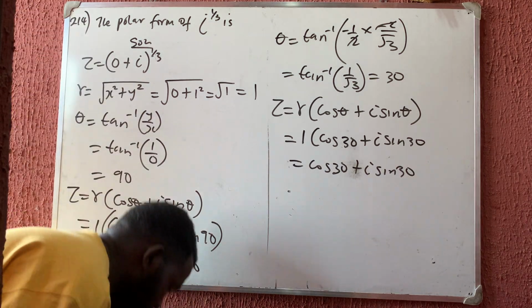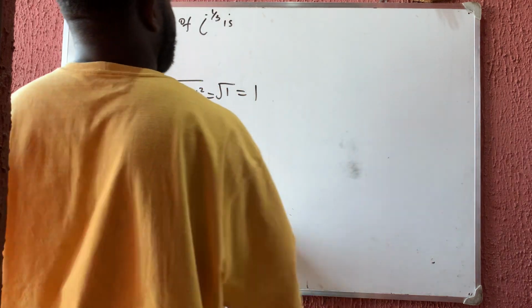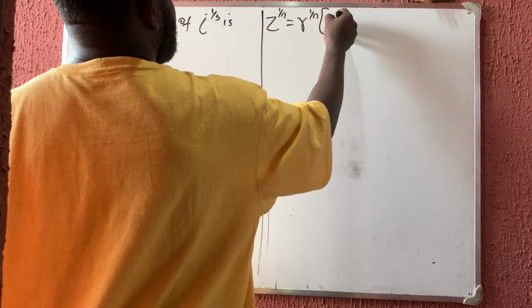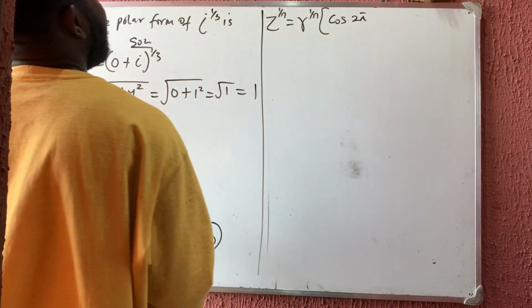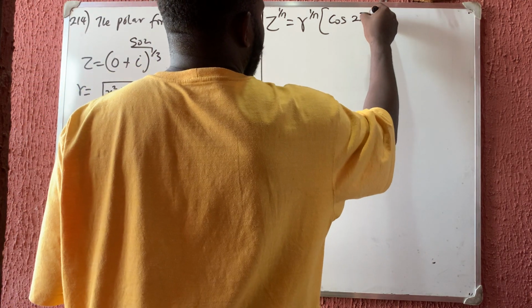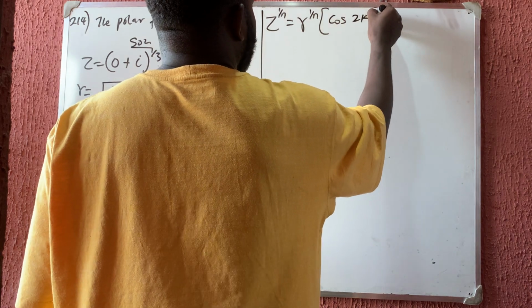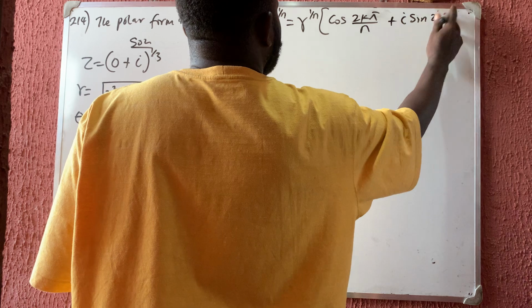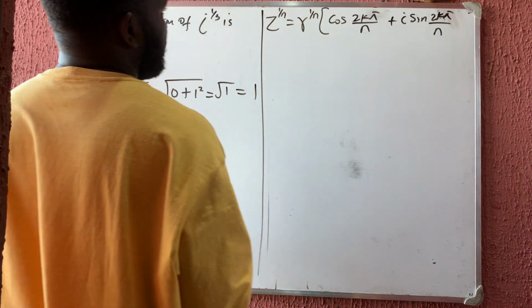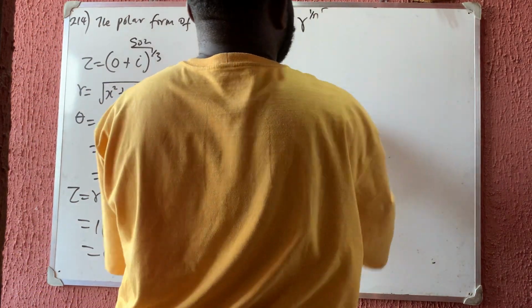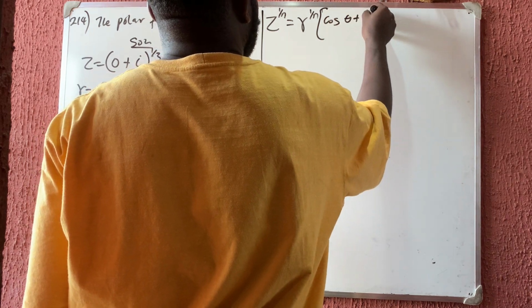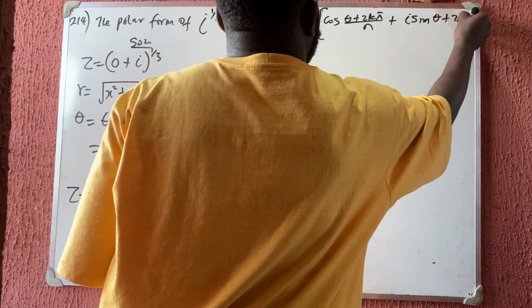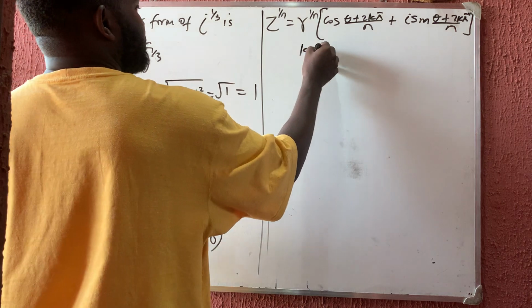All right. So z raised to power 1 over 3. You need to know a formula that says z raised to power 1 over n is equal to r raised to power 1 over n into cos of (theta plus 2k pi over n) plus i sine of (theta plus 2k pi over n), where k is 0, 1 and 2, up to n minus 1.